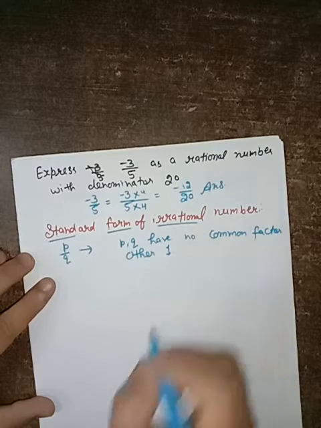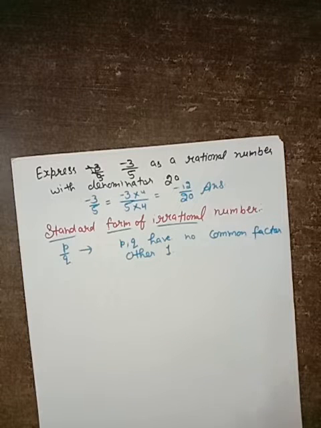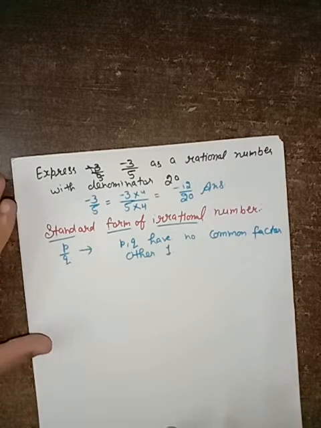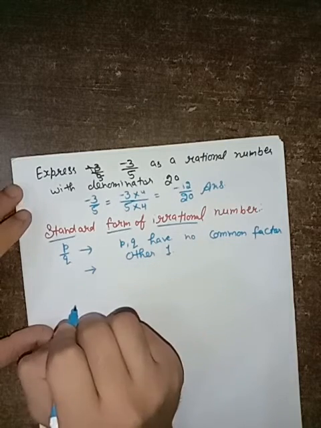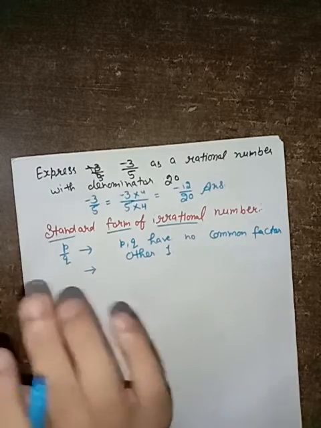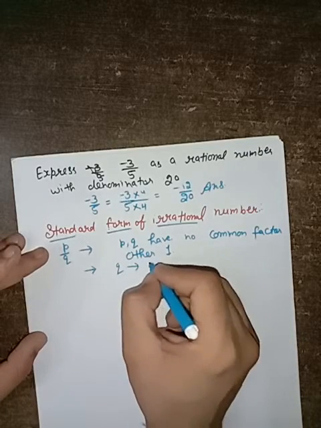If p and q have only the common factor 1, then p by q will be in standard form. And the second condition is that the denominator must not be negative, means the denominator q must be positive.